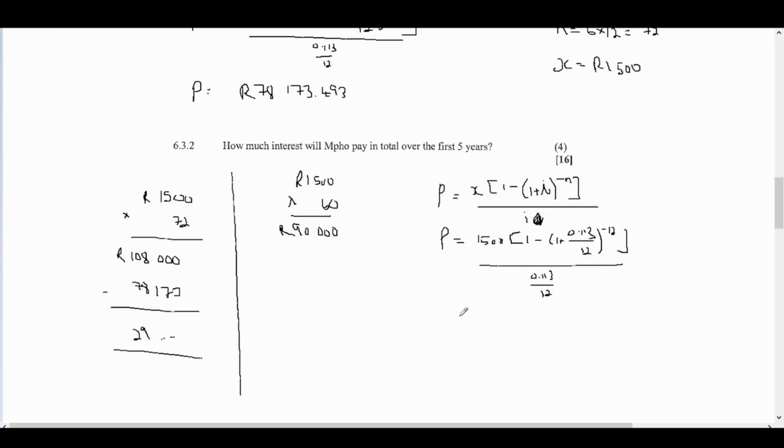Okay, and then if we type all of this into our calculator, we will get a value of 954.00629. Okay, and this is in rands.